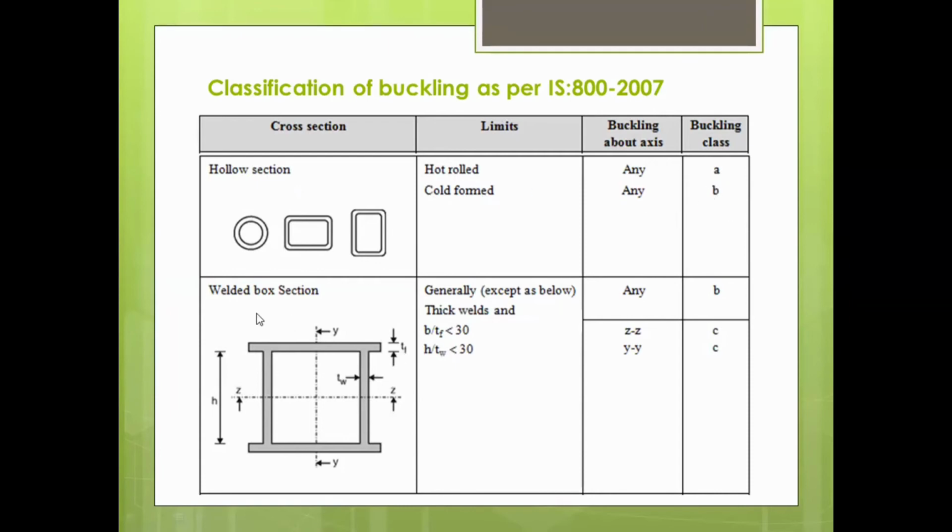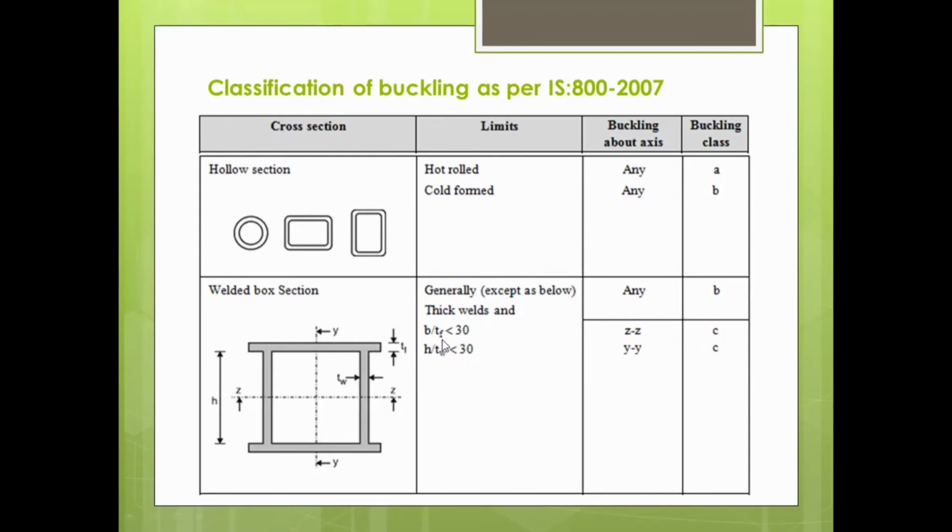Then welded box section. So in general, any welded box section with thick welds will be considered as class B, except these 2 conditions. What are these conditions? Thick welding is there, and B by TF, where B is the width of the section and thickness of flange is here.